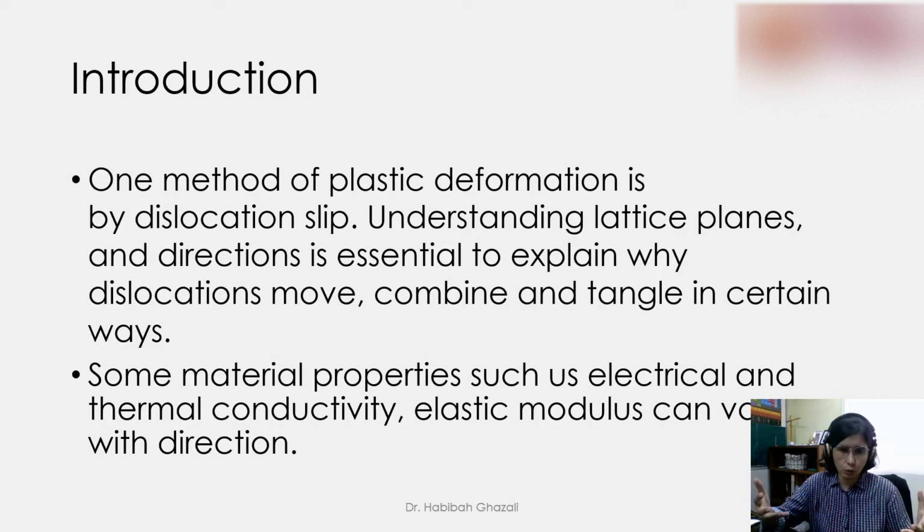So an anisotropic material is when the properties of the material depend on the direction in which you measure them. So we need to know how to annotate this plane and direction for us to talk about these properties of materials.